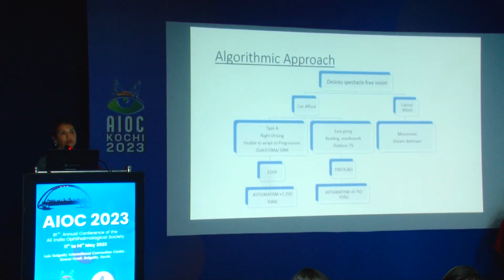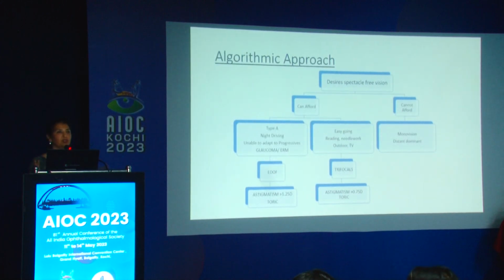My approach is, first of all, to find out whether the patient really desires spectacle-free vision. And let me tell you, 99% of patients want to wear glasses. It's very few myopes who say, no, I don't look good without glasses. So I tell them, okay, you can wear a zero power glass. At least offer the best technology.